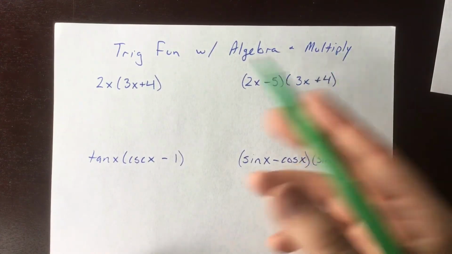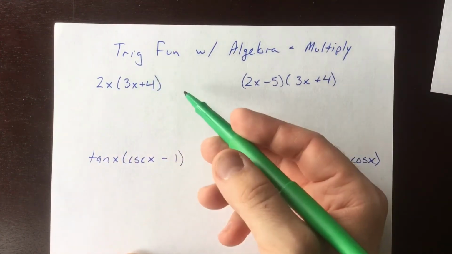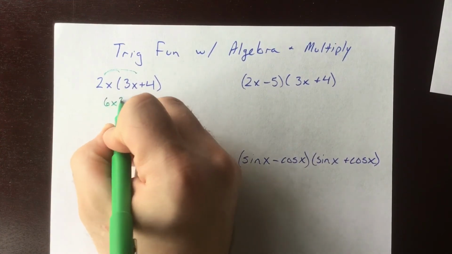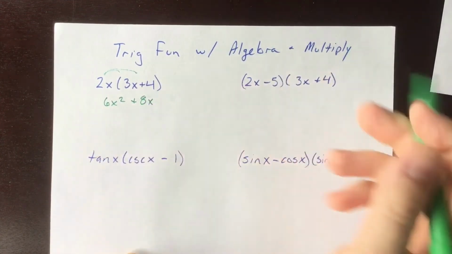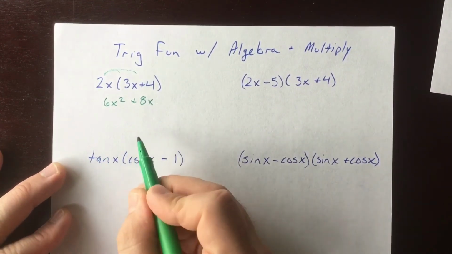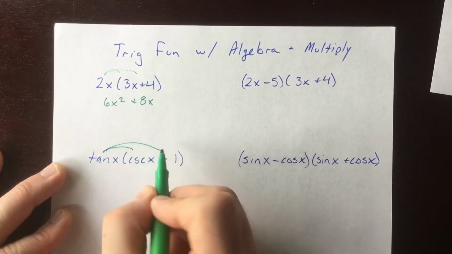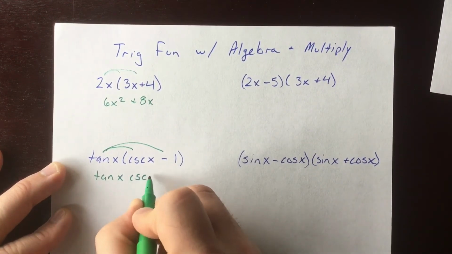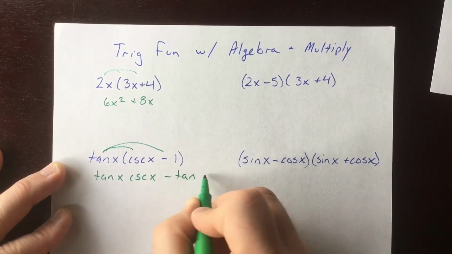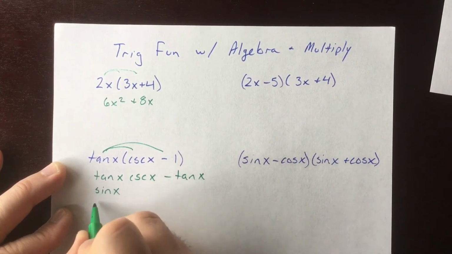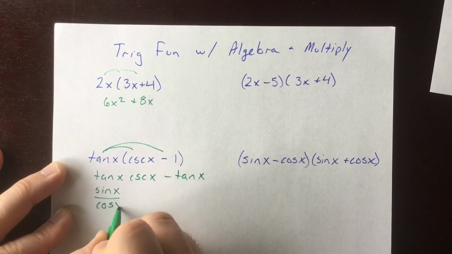For example, multiplying. 2x, multiply this group. Oh, well, we distribute. That would be 6x squared plus 8x. Awesome. Which would mean that if I'm looking at this expression with trig, I would distribute. That would be tangent of x, cosecant of x, minus tangent of x, which simplifies to sine of x over cosine of x.